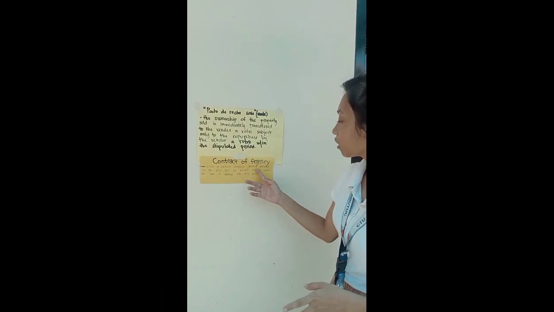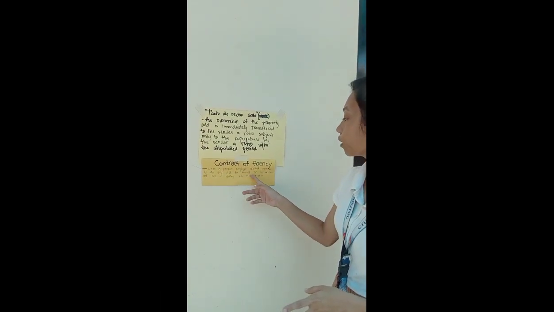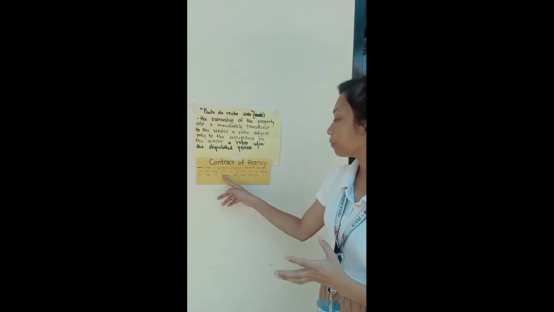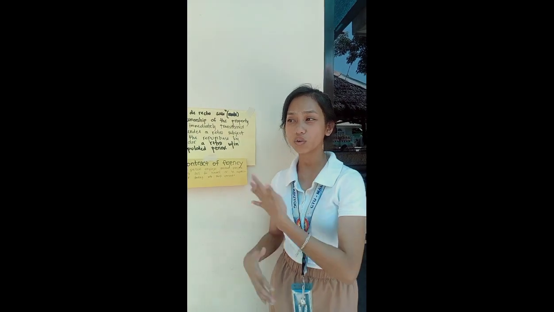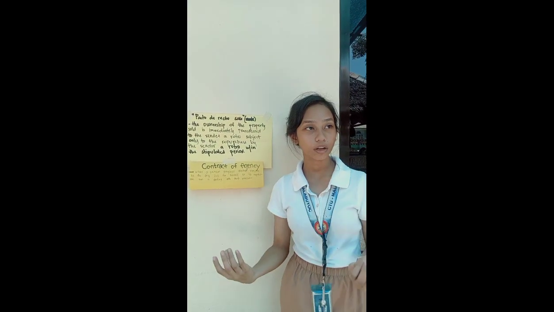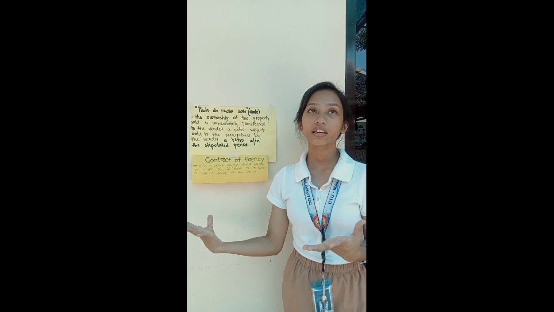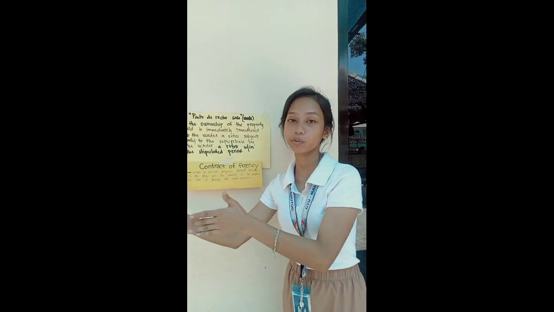Contract of agency. When a person employs another person to do any act for themselves or to represent him in dealing with third persons. So for example, I will just give an example. There are three persons, the first, second, and third persons.